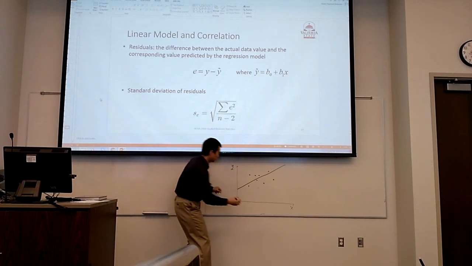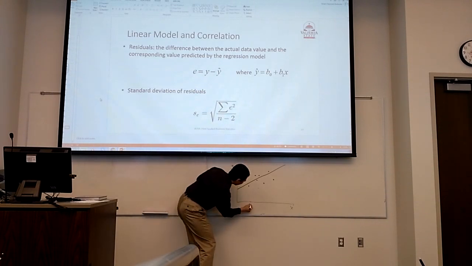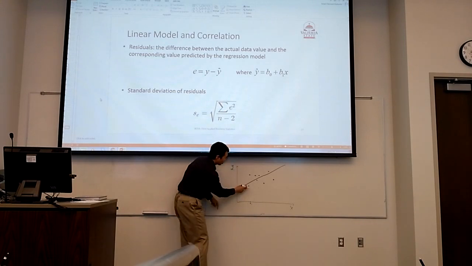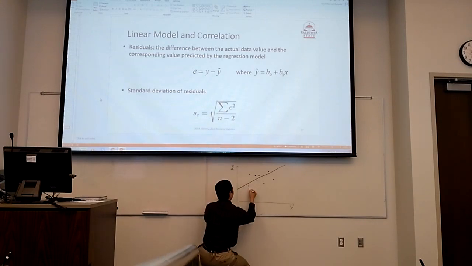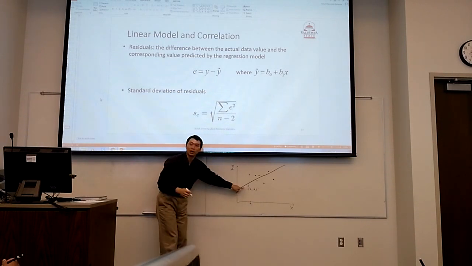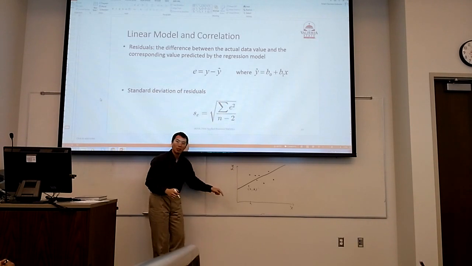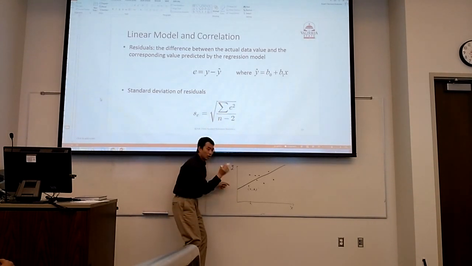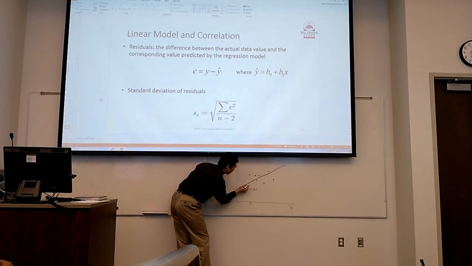For example, here we have x1. This point is our x1, y1. This is our actual data, right? But if we put this value into our regression model, what is the y?